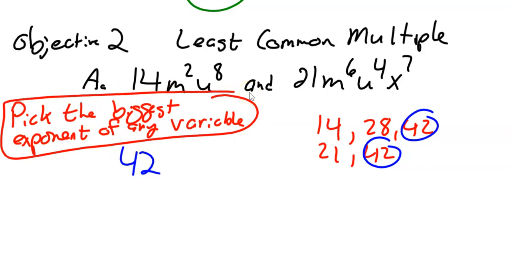Variables are pretty straightforward. You get m squared and m to the 6th. You're going to use m to the 6th. You've got u to the 8th and u to the 4th. You're going to take u to the 8th. No x's here, just x to the 7th, so you have to take the x to the 7th.